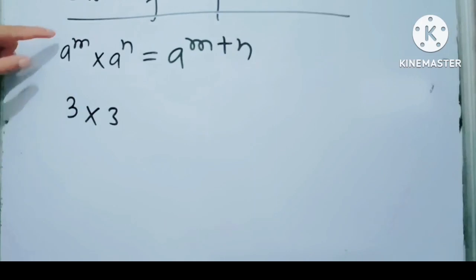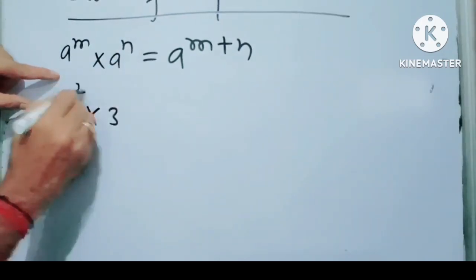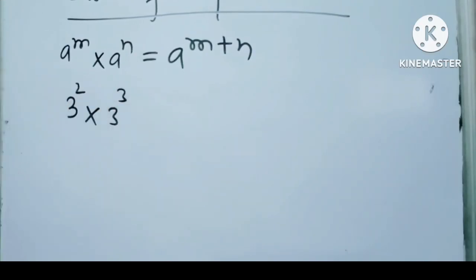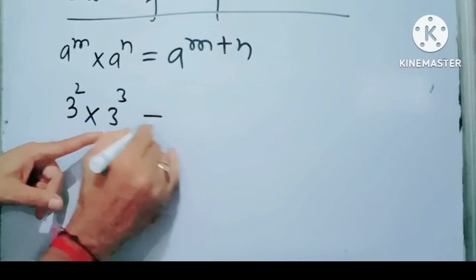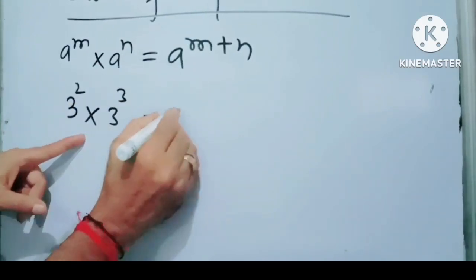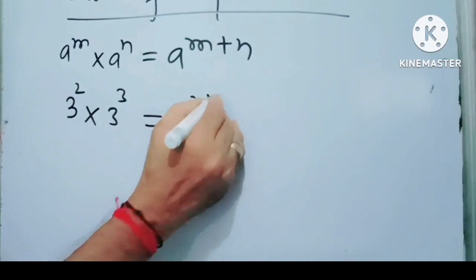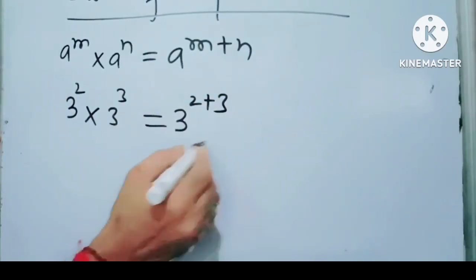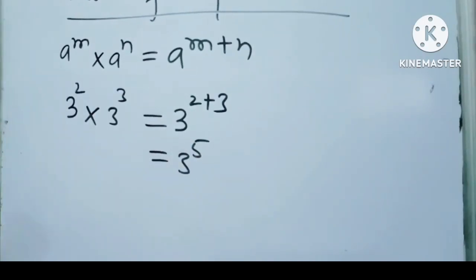Here m and n mean different powers. Suppose here the power is 2 and here the power is 3. Same base, so we write the base one time, 3, and the powers 2 plus 3. So we write 3 to the power 5.